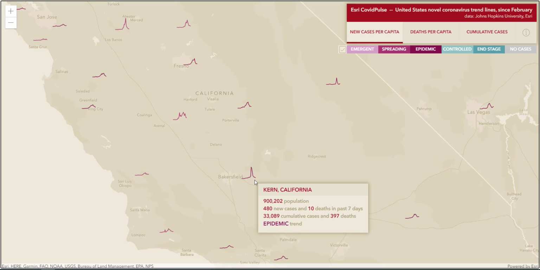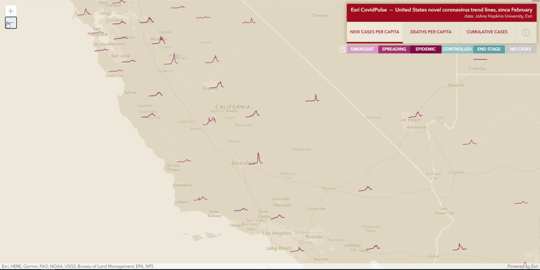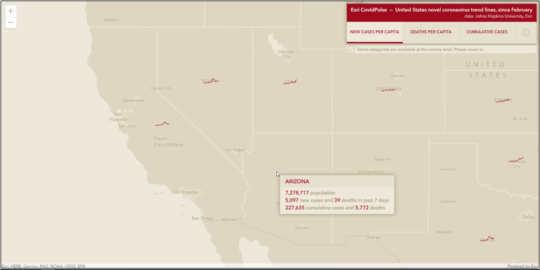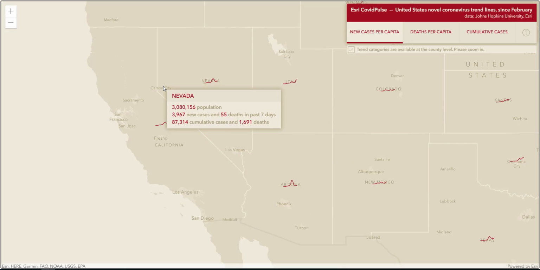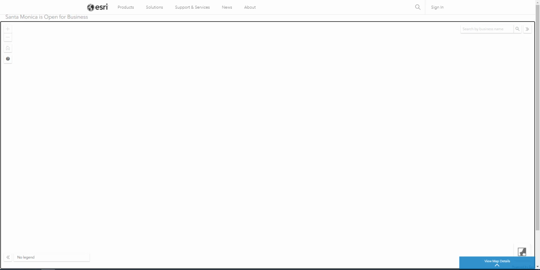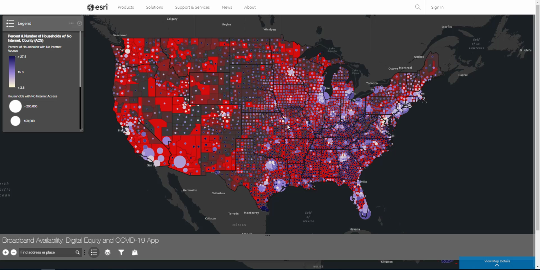So we do see lots of fluctuations as we look at the US. But again, this information source is there for you to explore, to utilize in your own research, and also for you to share.